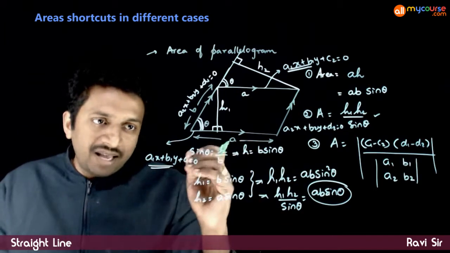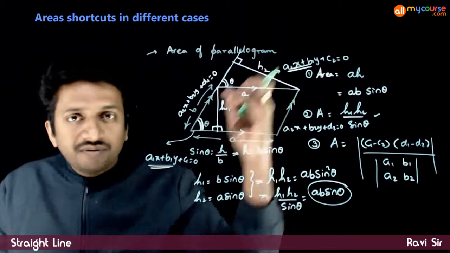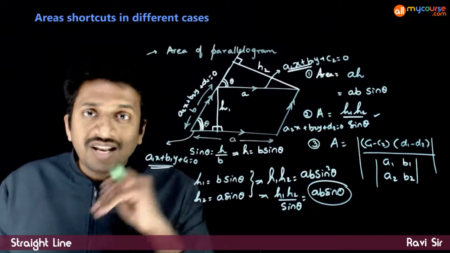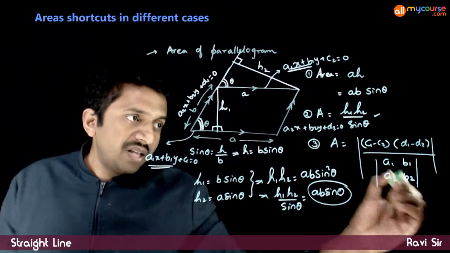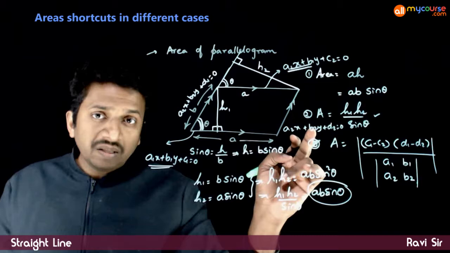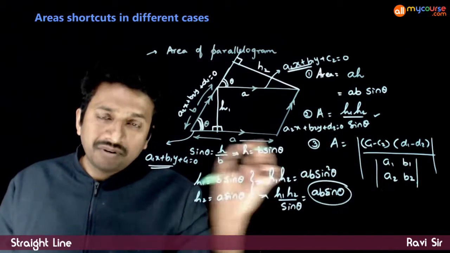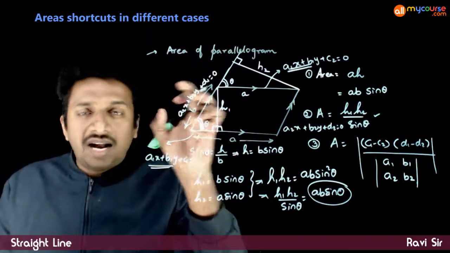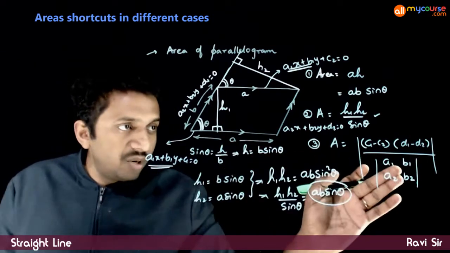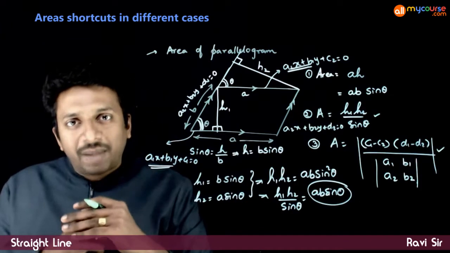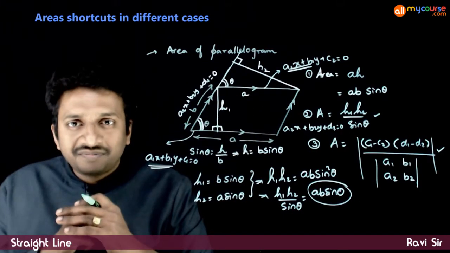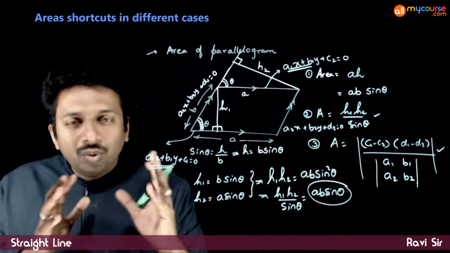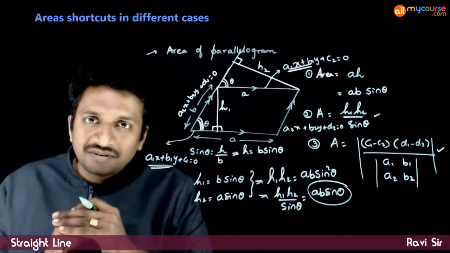So the area is given by the difference between the constants of the first two parallel lines into the difference between the constant terms of the next two parallel lines, divided by modulus of the determinant of a 2 by 2 matrix which contains the coefficients a1 b1 and a2 b2. So this will be the direct area for the parallelogram whose four sides are given. It's a very important shortcut, because if you don't know this shortcut, you have to do a lot of things to get to the answer.